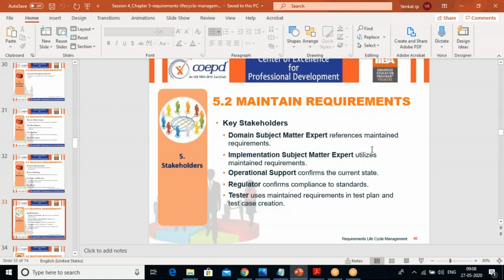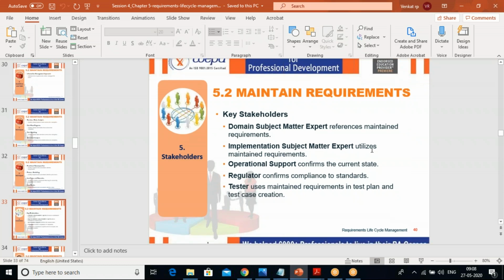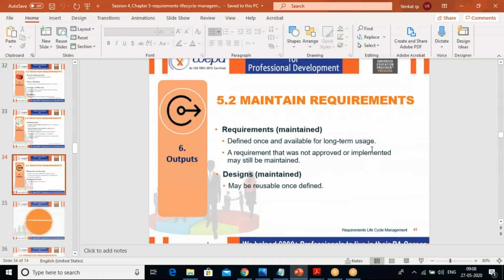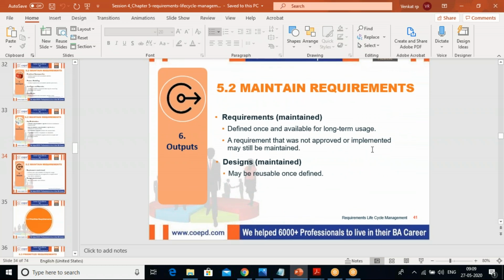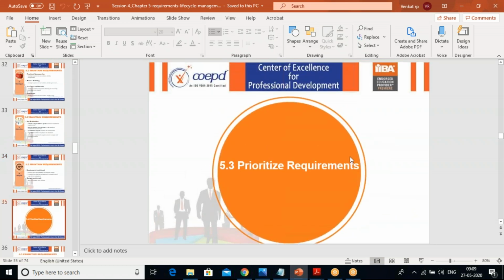The key stakeholders would be domain subject matter experts, implementation subject matter experts, operational support, and regulator. And you can see the output: requirements maintained and design maintained. Both will be the outputs of it.